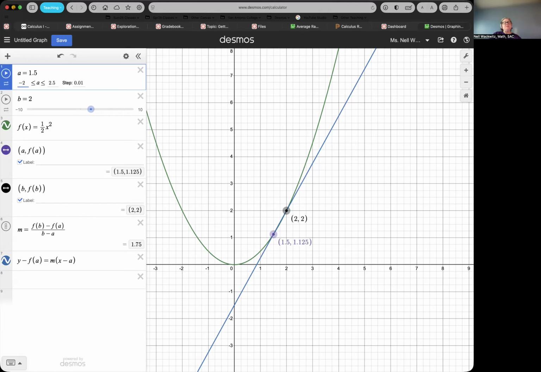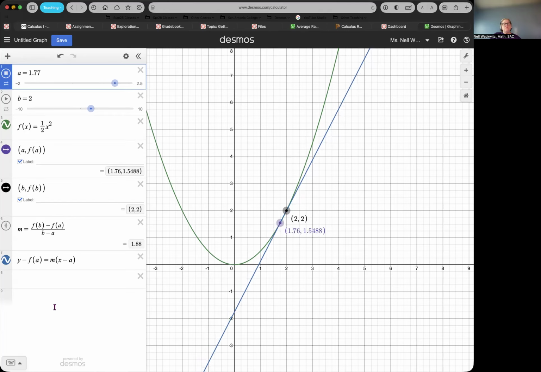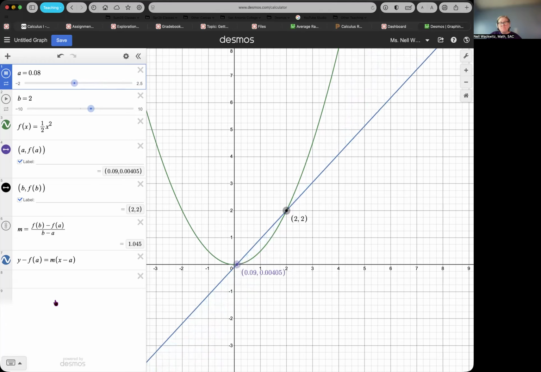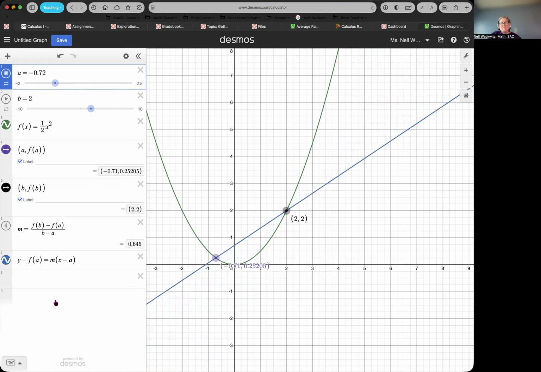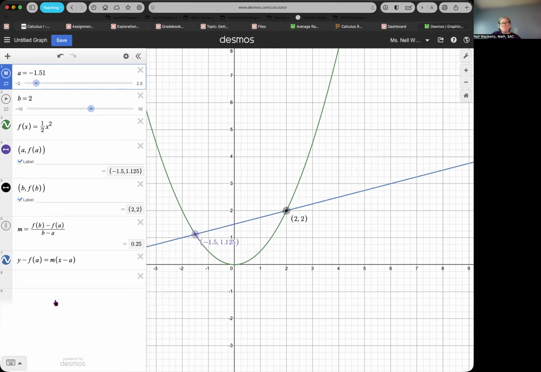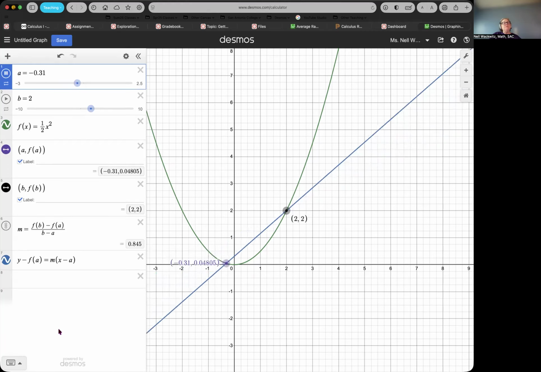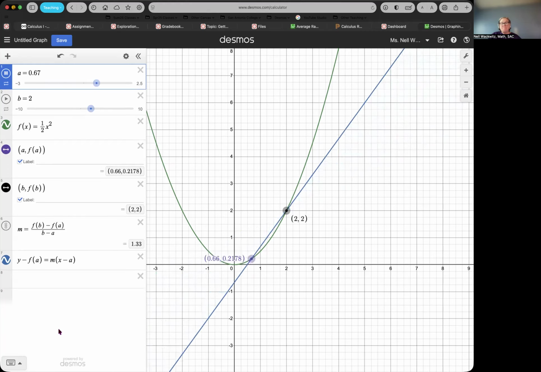Let's go back to -2. In fact, let's go back to -3 so that we can see the negative slope as well.